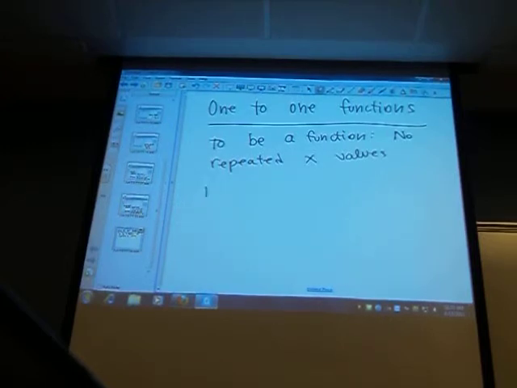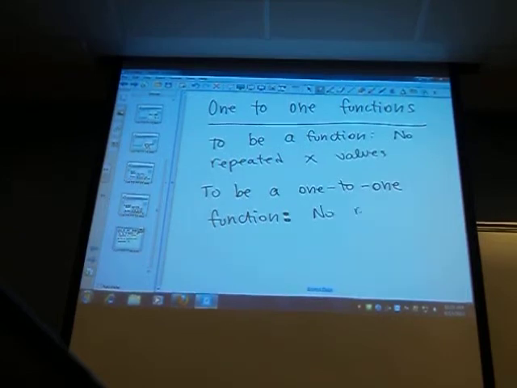To be a one-to-one function, you can have no repeated y values.